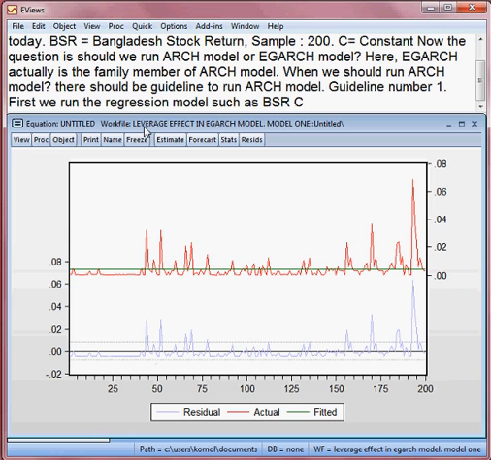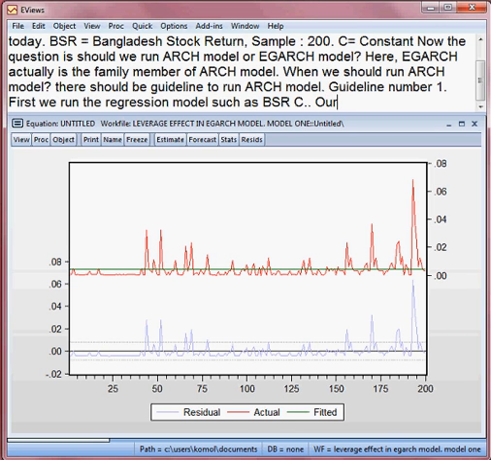The data runs from day 1 until day 200, so our sample size is 200 days of return.